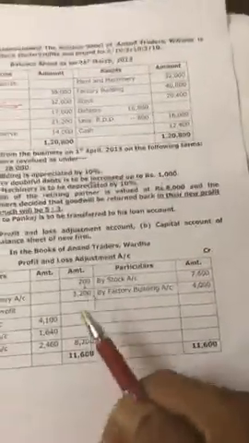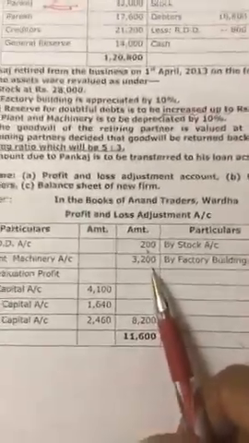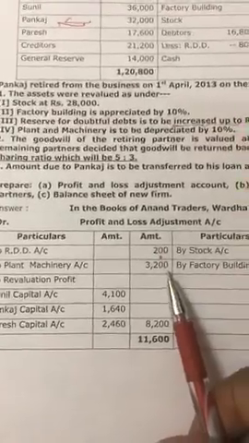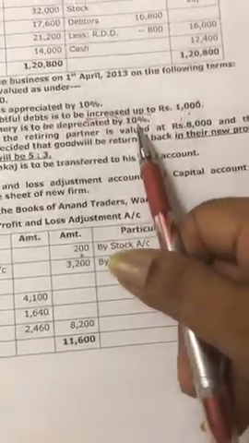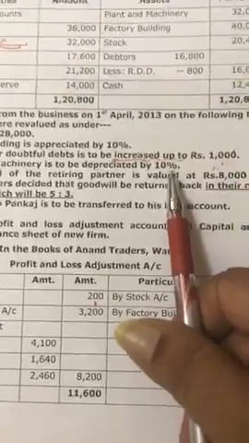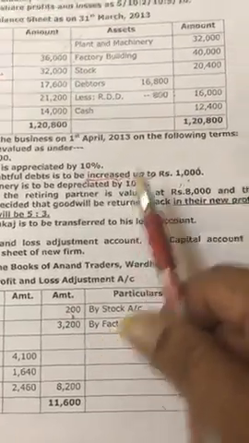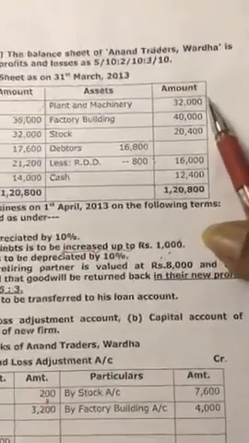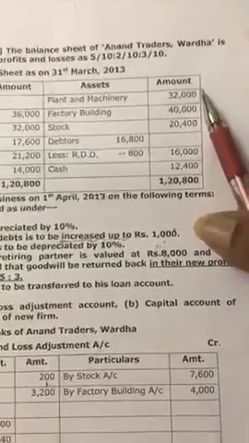Now the next adjustment is plant and machinery, to be depreciated by 10%. So plant and machinery is 32,000 less 10% depreciation.